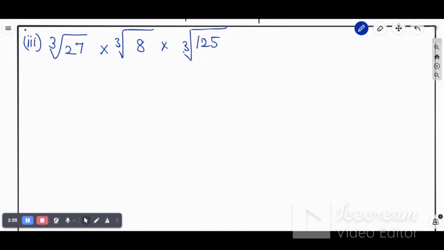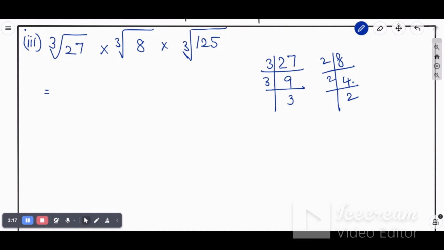Now you can see all have cube roots, so you can directly multiply inside. First of all, let us simplify all this. 27 you know very well, please be clear with the perfect cubes, so you can save a little more time. That is 3 cube, and 8 is 2 cube, and 125 is 5 cube.